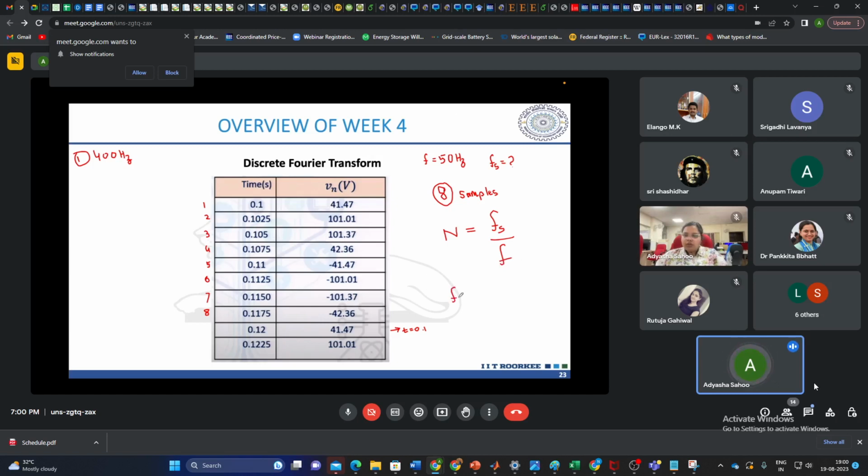So from here you can get the sampling frequency as 8 into 50, that is 400. So this is right. It is clear. Basically in one cycle we are having 8 samples, so using these samples we'll calculate the phasor for this waveform.